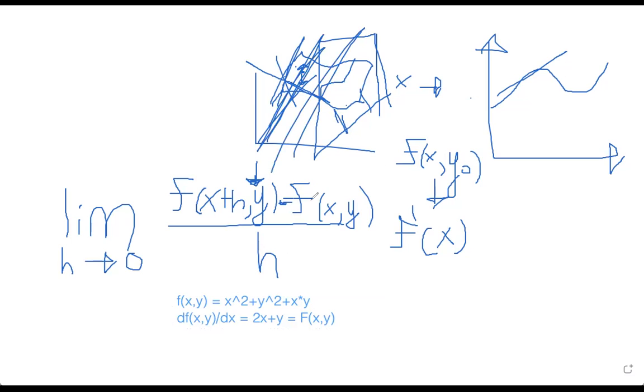And we could have done this just as well with y plus h, f of x, y plus h. And in this manner, we can access the derivative along any axis. But there are actually ways to access the derivative if you are curious about a shift along some arbitrary curve. We have a way of doing that.